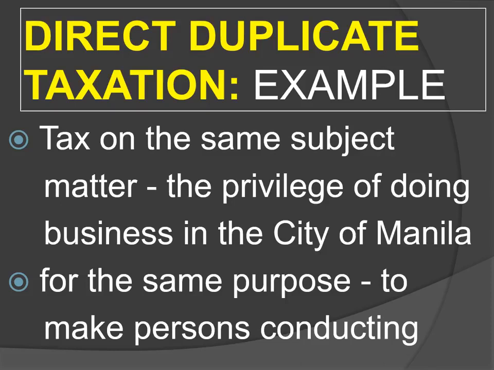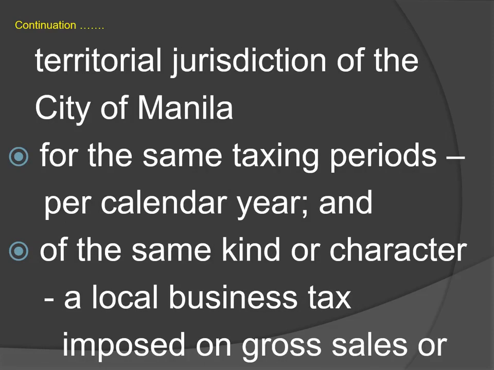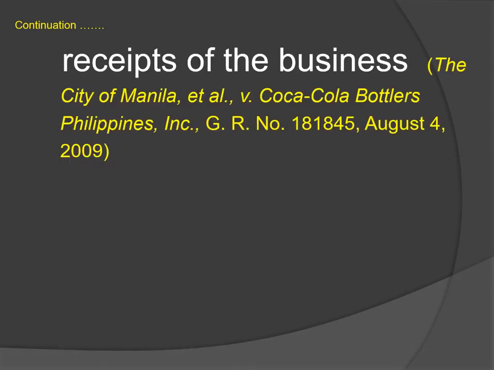So, what is an example of direct duplicate taxation? Here the Supreme Court said that the tax was on the same subject matter, which is the privilege of doing business in the city of Manila, for the same purpose, to make persons conducting business within the city of Manila contribute to city revenues, with the same taxing authority, the city of Manila, within the same taxing jurisdiction, within the territorial jurisdiction of the city of Manila, for the same taxing period, and of the same kind or character, a local business tax imposed on gross sales or receipts of the business.